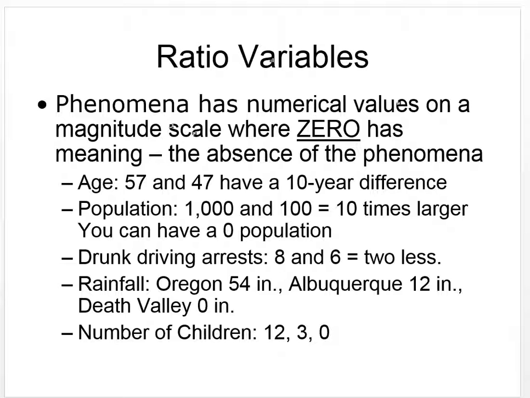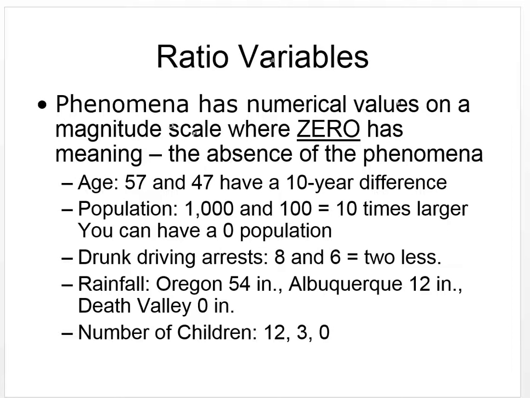Again, we've got a magnitude and that number makes sense. Rainfall in Oregon makes sense. So ratio variables are actual numbers where the zero means absence of the phenomenon. One way to remember that is the word ratio has a zero in it, and the zero is important to spell the word ratio.